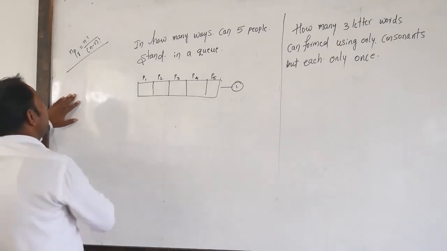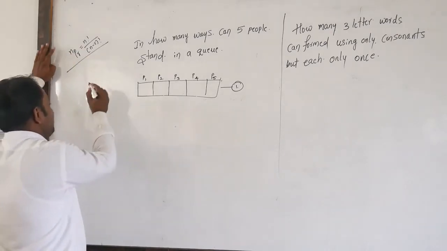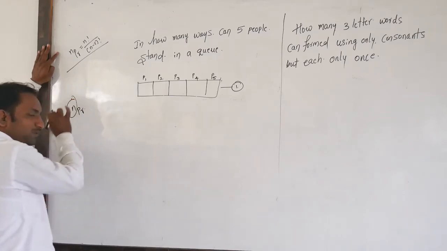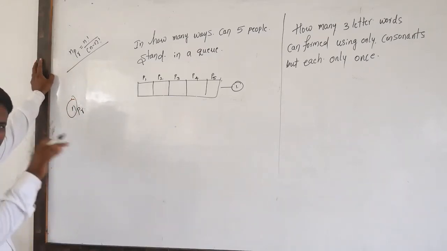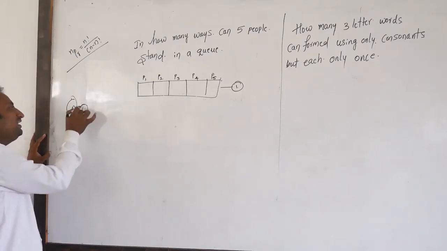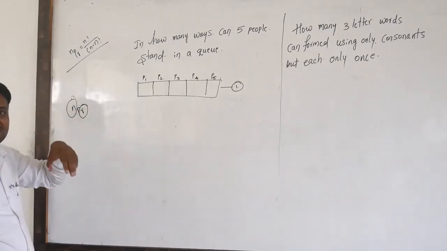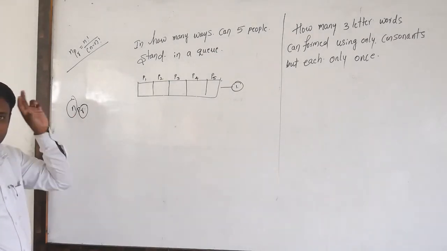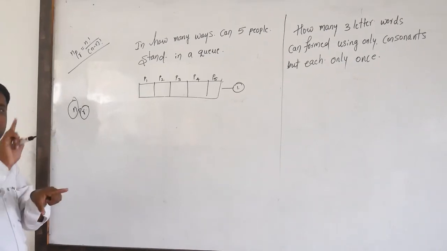In nPr, n means the total number of people, or things, whatever they may be, and r means how many of them are arranged. nPr means total availability and arrangement.